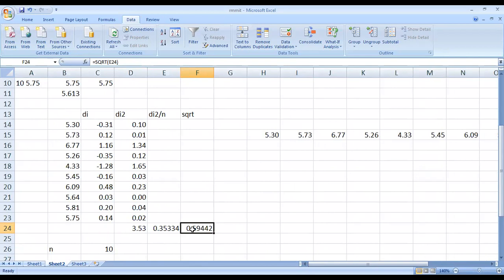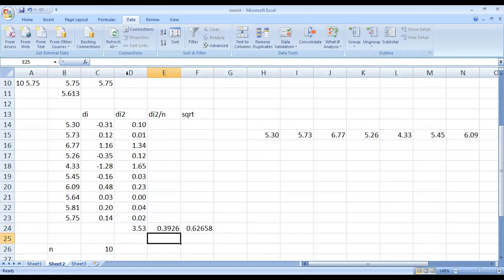Now, once we calculate standard deviation, it is asked to find, after calculating the population standard deviation, the sample standard deviation. For sample standard deviation, what we have to do is instead of n, we have to replace it by n minus 1.